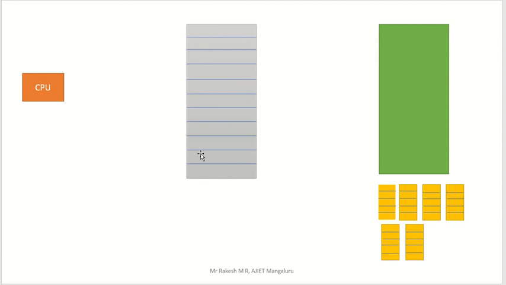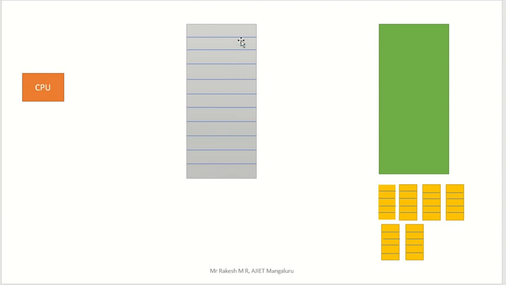It is an illusion, just an illusion. The CPU thinks all processes are there because all process pages are here, but only the operating system knows that each page is from a different process, and each process size is very large.